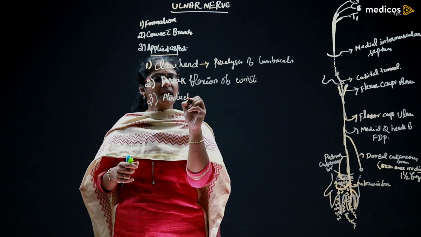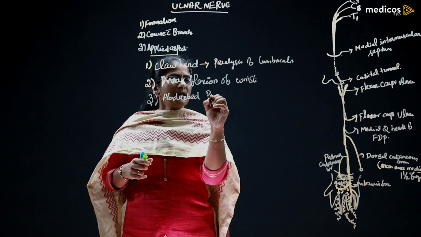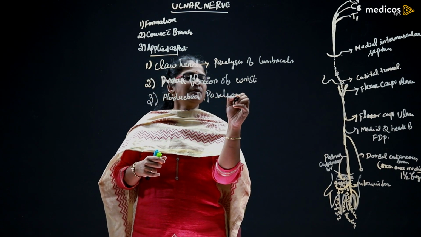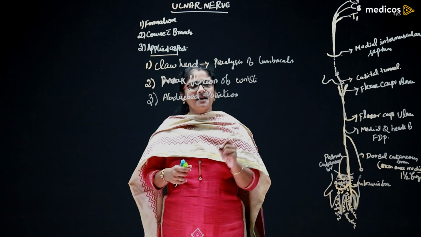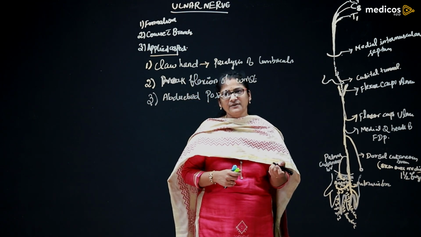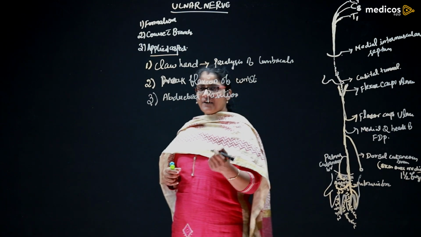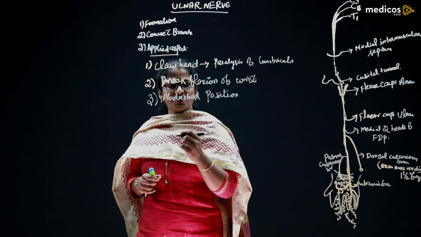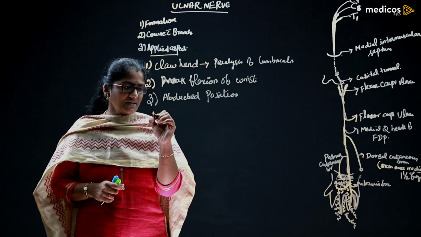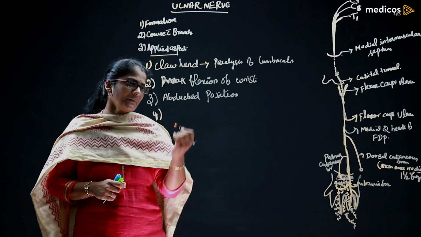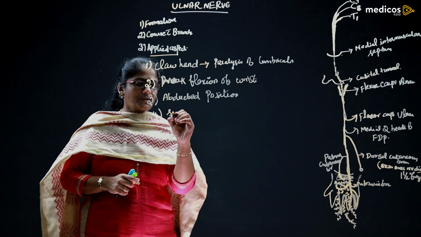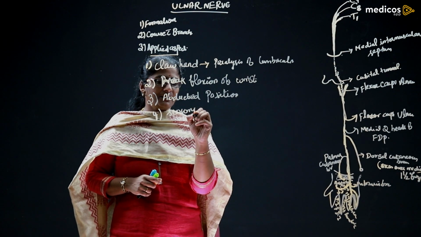Why will the wrist be abducted? Because the nerve supply to the flexor carpi ulnaris, which is responsible for adduction of the wrist, is lost. So flexor carpi radialis takes over the function, resulting in the abducted position of the wrist. Then there will be sensory loss over the distribution of the ulnar nerve.